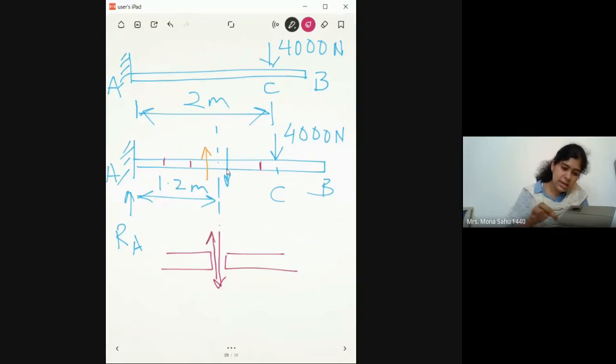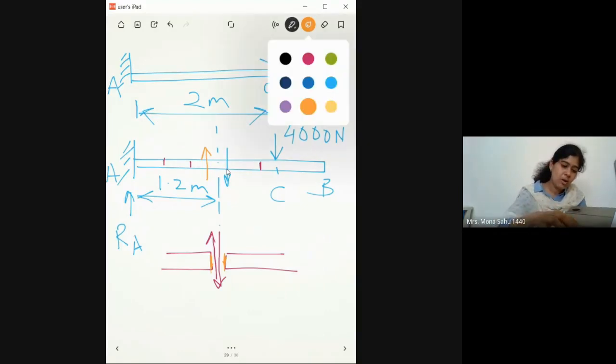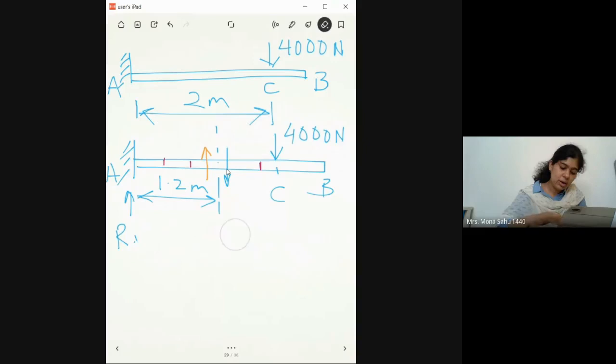So on this side you have one force, and on the other side also, on the right and left, both sides, you've got a shear force. Keeping this in mind, we will be drawing the shear force diagram of this particular object.